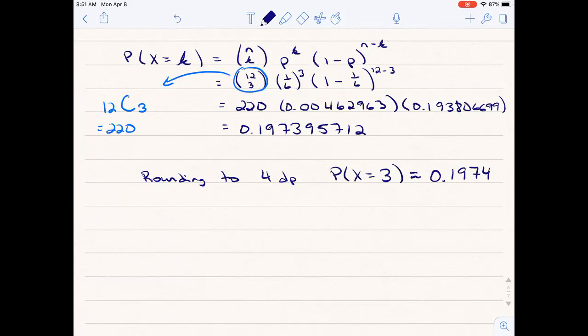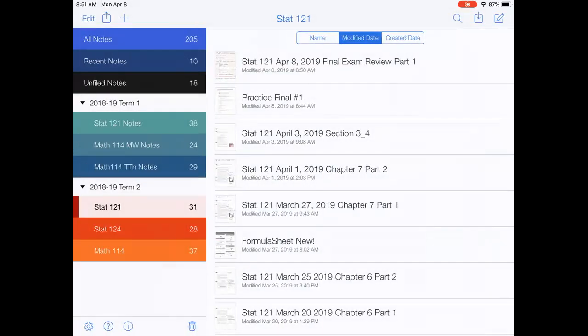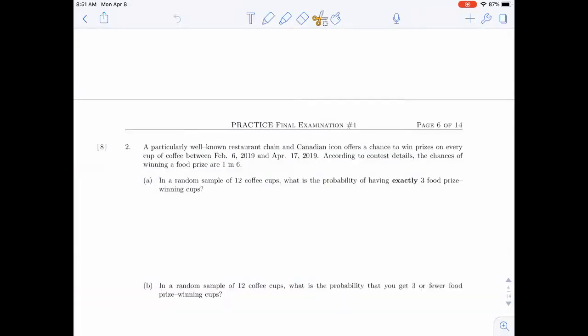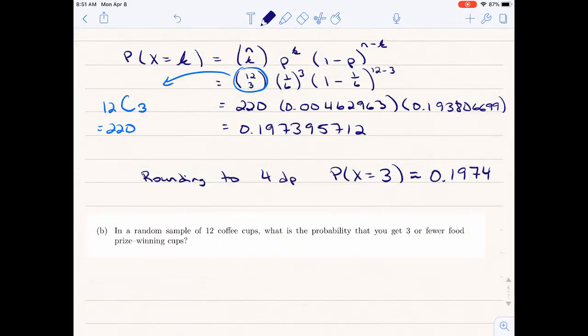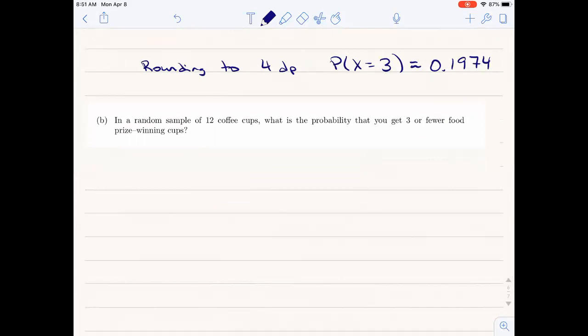Okay, then let's go to part B. In a random sample of 12 coffee cups, what's the probability that you get 3 or fewer prize-winning cups?